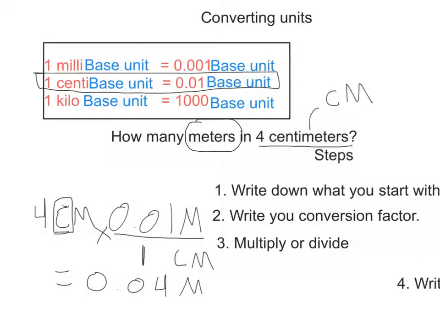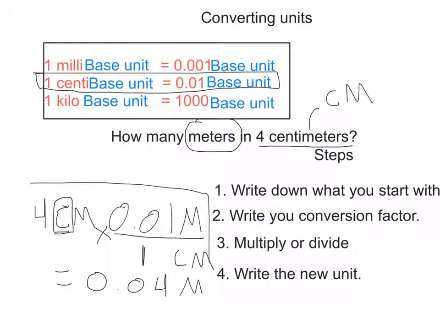And so that brings me to my last step, which is writing the new unit. What I would like you to do now is pause this video, and in your notes, you need to write down the example problem, the steps, and how that example problem works.